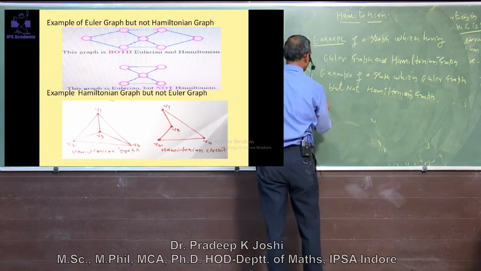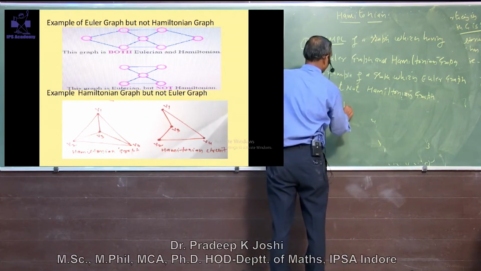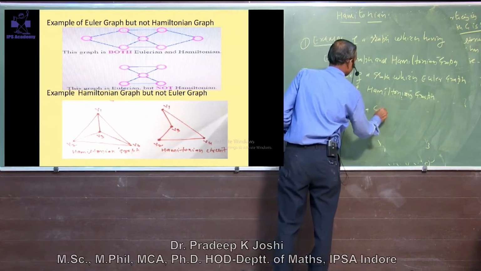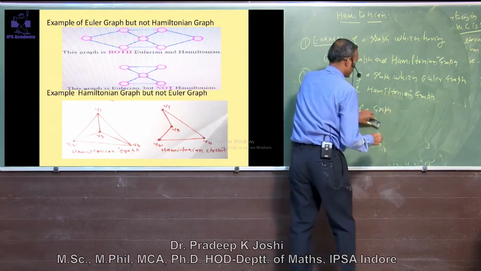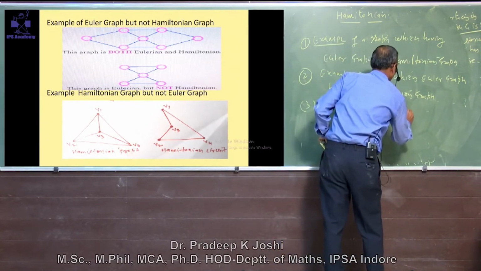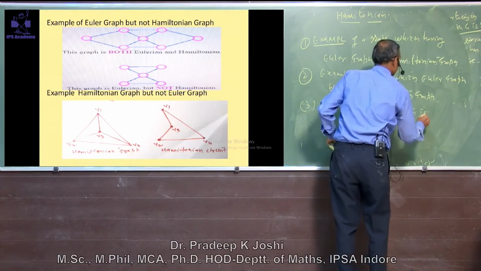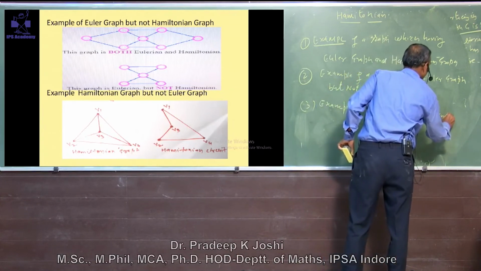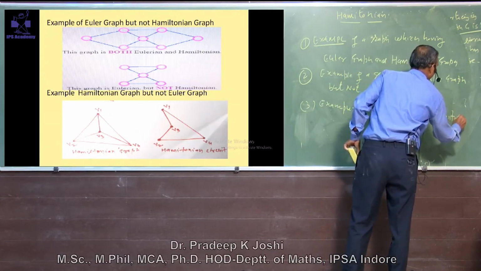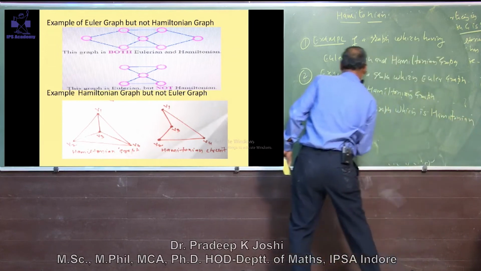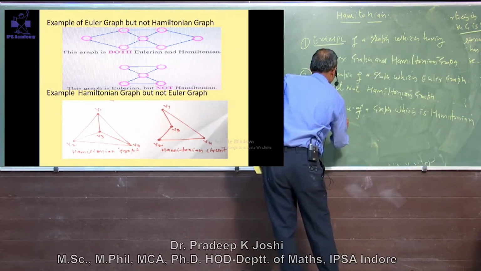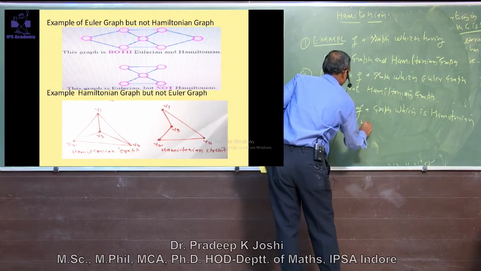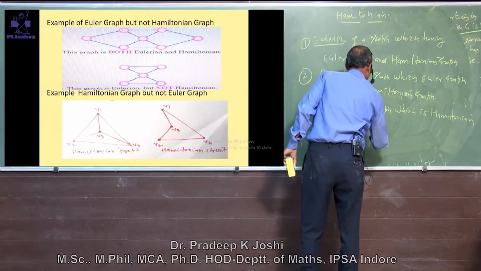Third, you have to give an example of a graph which is a Hamiltonian graph, but not an Euler graph.